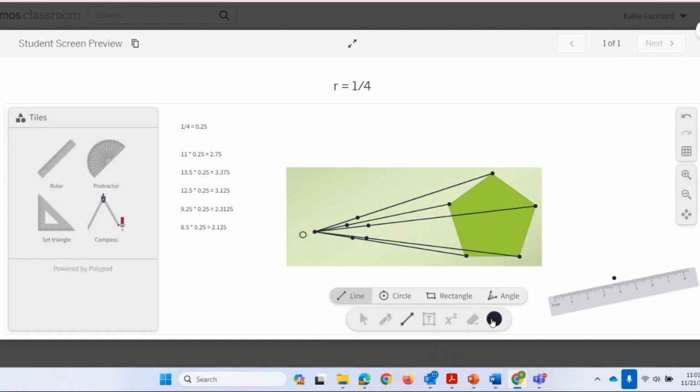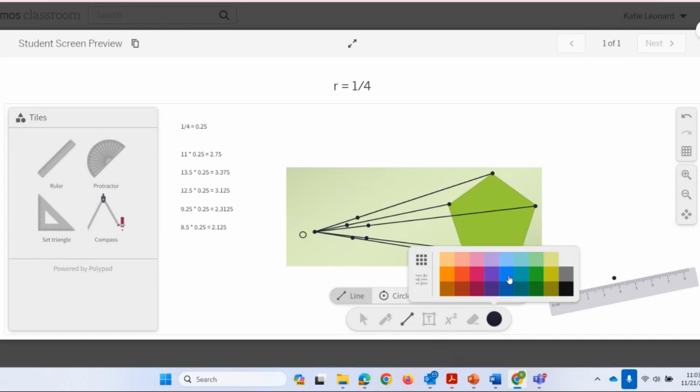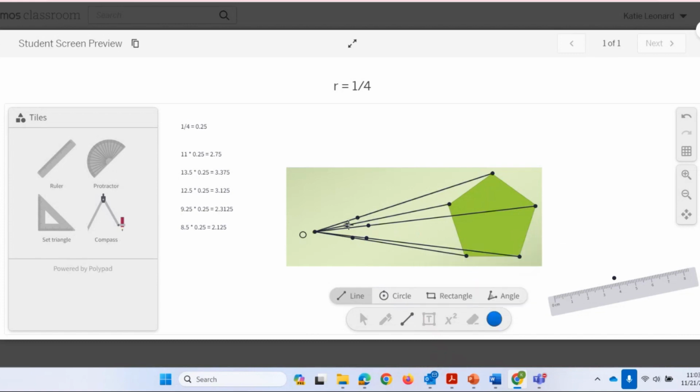And I'm just going to connect them. And when I've connected them, I now have my scaled drawing.